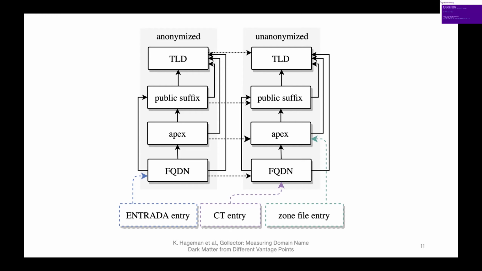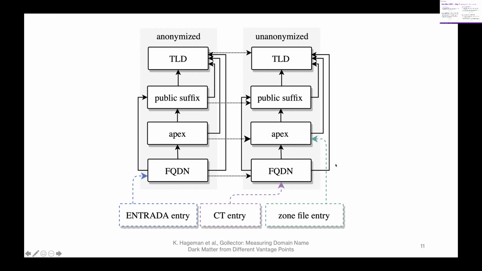For google.com, the top level domain is com. So we split the domain name into these different parts: the top level domain, the public suffix, the apex, the root part, and then the fully qualified domain name, and store the domain name in all of these tables with a reference to them.